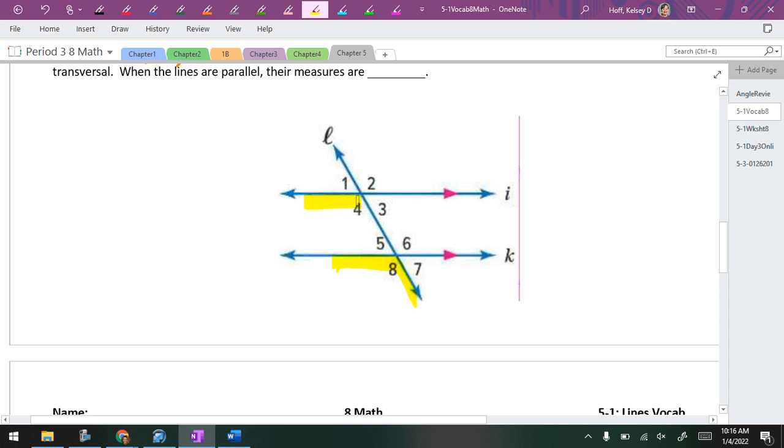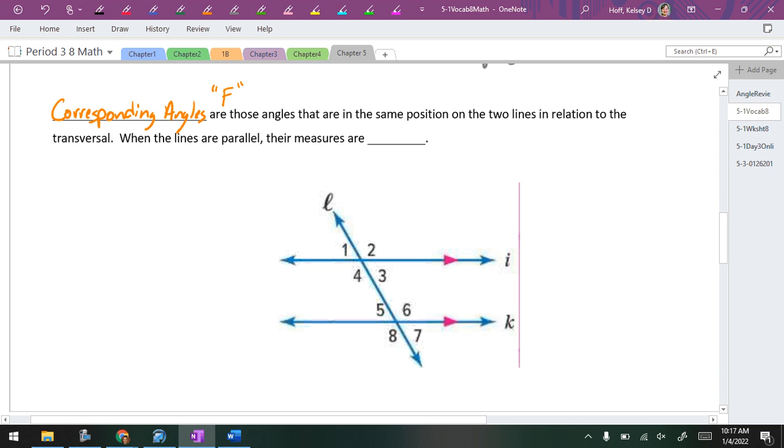Below the line and to the left of the transversal. If I trace this, do you see the F? I always talk about whatever angle you're on, if you slid that up to overlap, what numbers are going to be overlapping? Now we have a lot more options here, agreed? Okay, so we said angle 4 and 8.